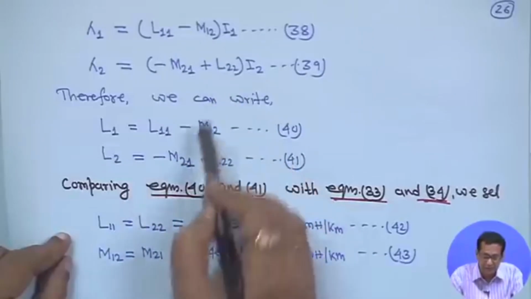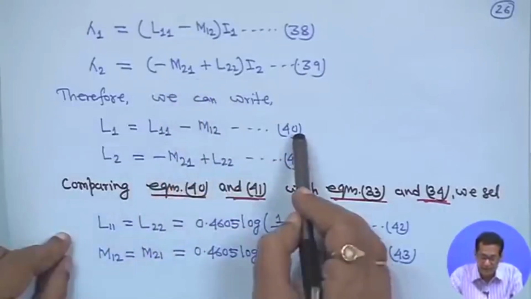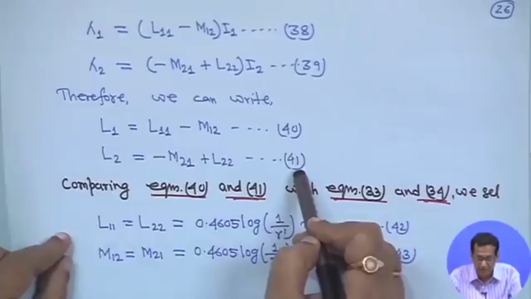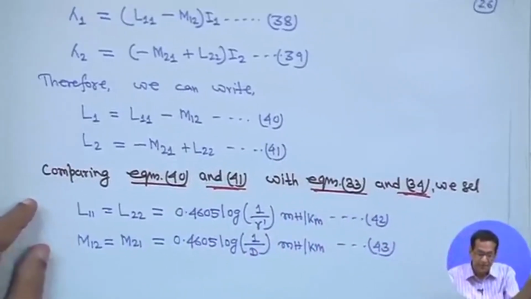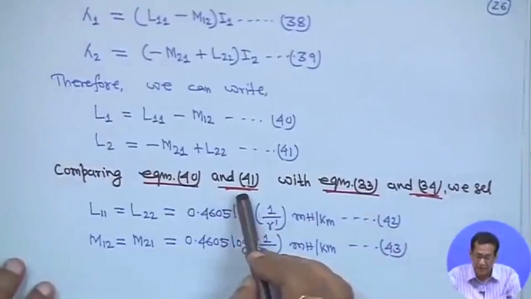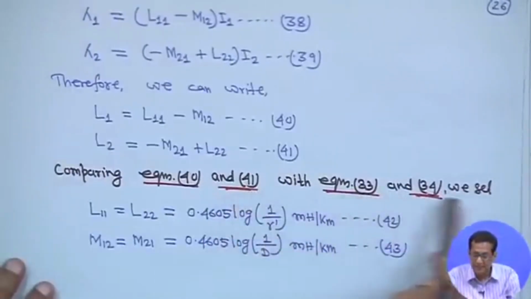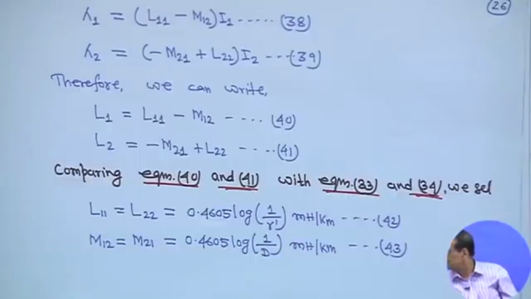This is equation 40, this is equation 41. Therefore, you compare equations 40 and 41 with equations 33 and 34, just hold on, I will bring up equations 33 and 34.